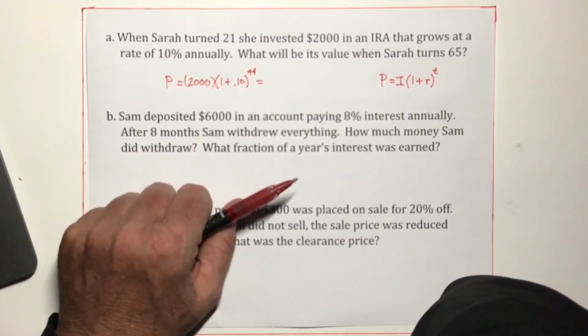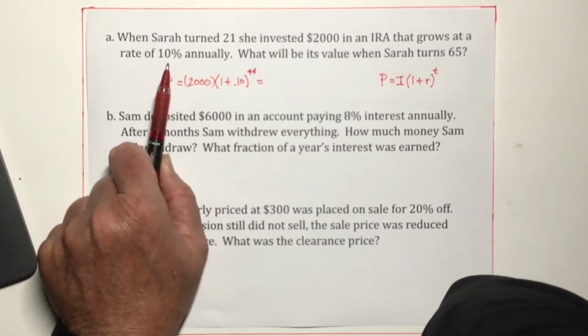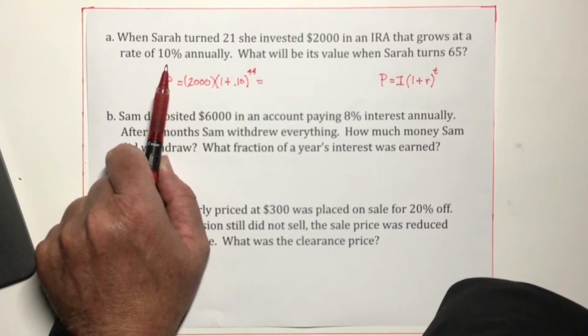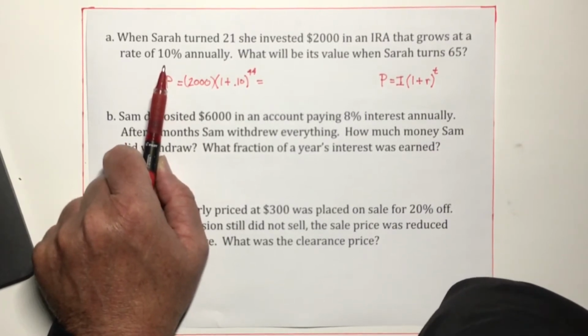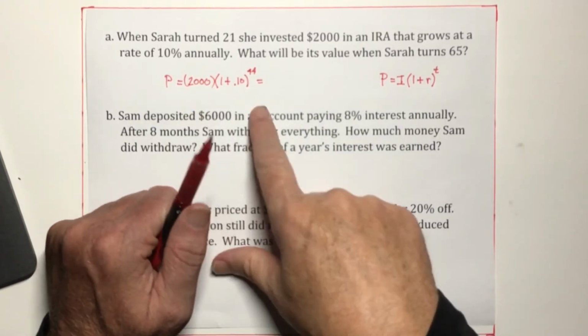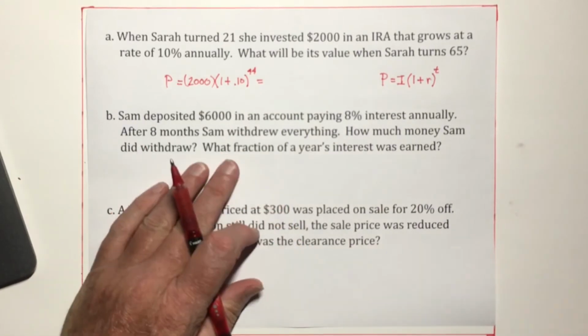How much would you wind up with at the end? What do you think? And I'm telling you right now, 10% return on an investment is really good. You can't go to your bank right now and get something that's going to give you 10% annual interest. So knowing that, 44 years, how much do you think you'll wind up with here? Well, let's figure it out.